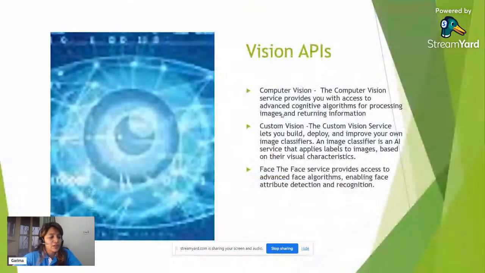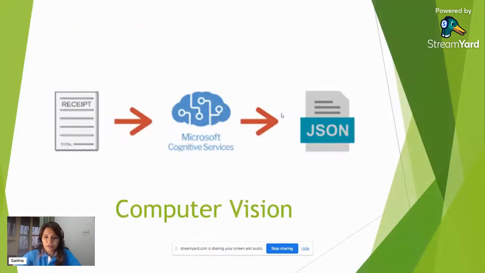Within vision, we also have different types of vision APIs. One of them is Computer Vision, then Custom Vision, and Face. So what is Computer Vision? If you have noticed, there is the Form Recognizer. So what is a Form Recognizer?